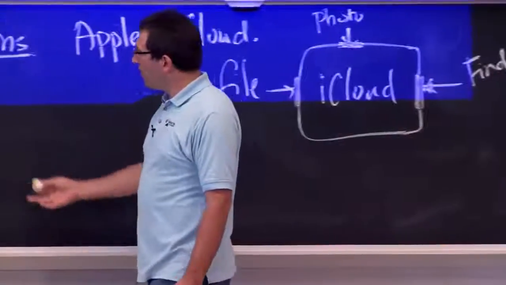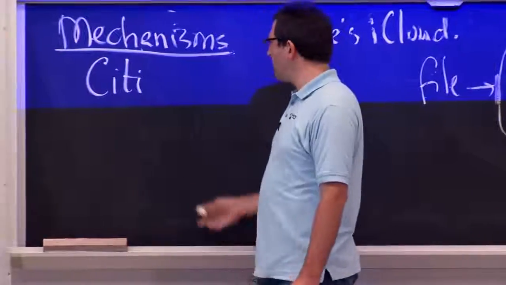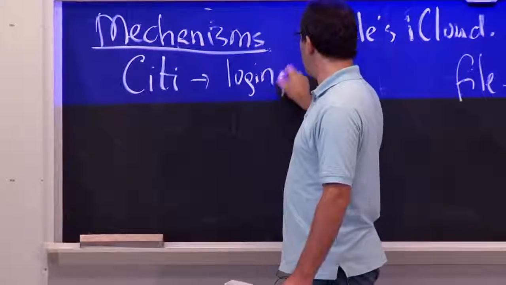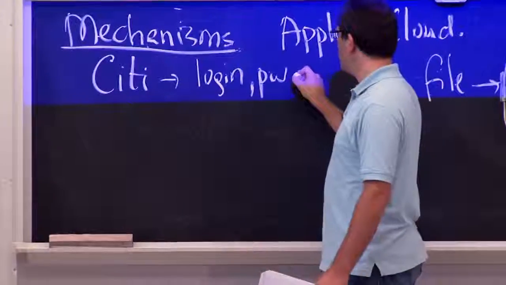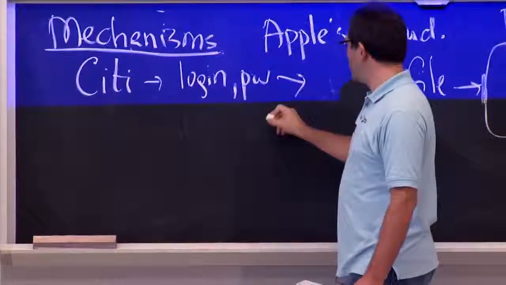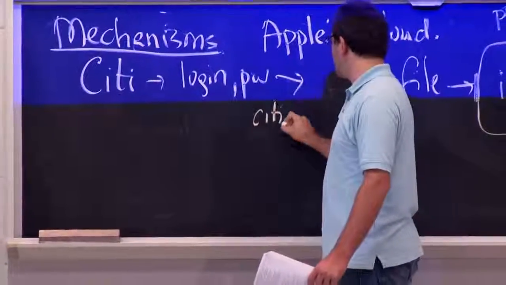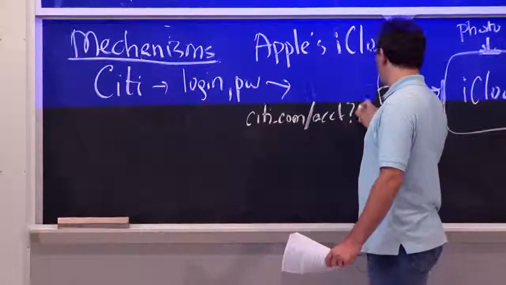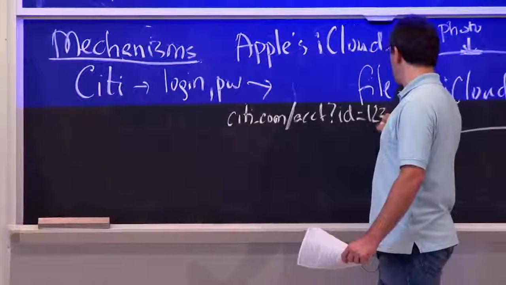And the workflow a couple of years ago was that you go to some site, you provide a login username and password, and you get redirected to another URL, which is something like, I'm guessing, citi.com/account?ID=1234.